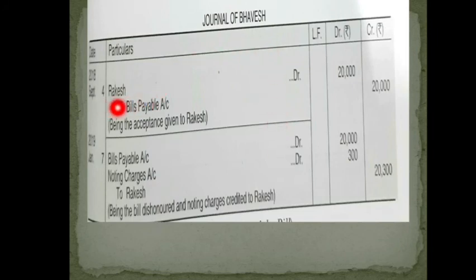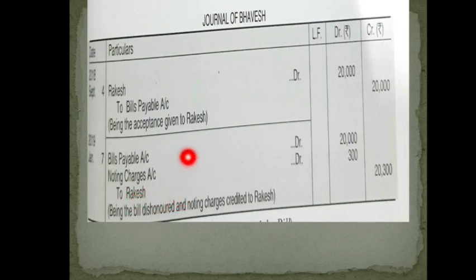Now let us see what is the journal entry in the books of Bhavesh. On September 4 he is giving acceptance for that bill, so he passes the journal entry: Rakesh account debited to bills payable account 20,000, being the acceptance given to Rakesh. And on dishonoring of the bill, what is the journal entry? January 7, bills payable account debited, noting charges account debited, to Rakesh account.